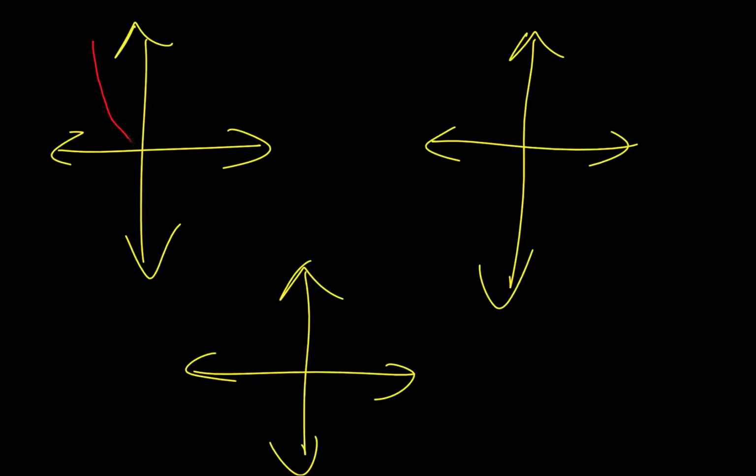So an example of an even function is one that the y-axis is the axis of symmetry. So since I can fold this piece over to this piece perfectly just across the y-axis, this is going to be even. So even: y-axis symmetry.